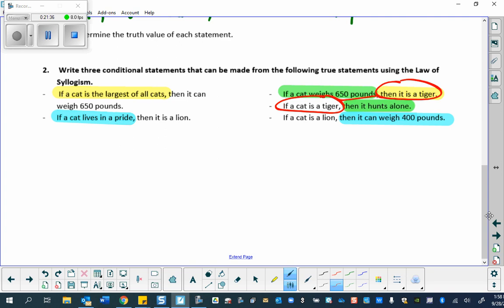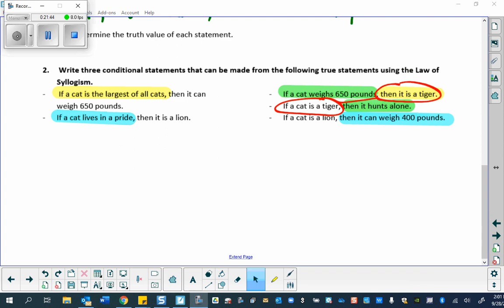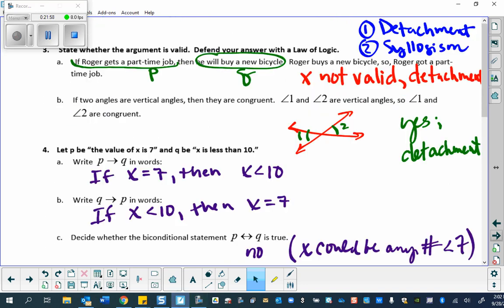On your mark, set, go. All right, so if a cat's the largest of all cats, then it's a tiger. If it lives in the pride, it can weigh 400 pounds. If a cat weighs 650 pounds, then it hunts alone. Using the law of syllogism.